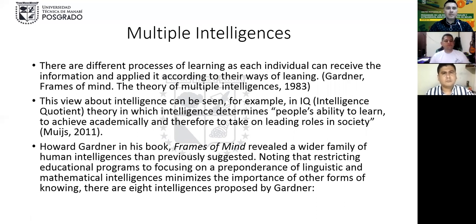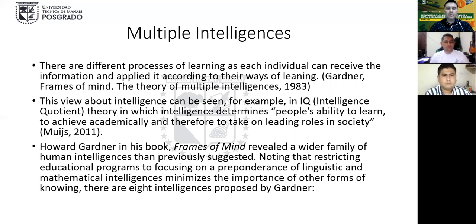In multiple intelligence there are different procedures of learning, as each individual can receive the information and apply it according to their way of learning. Frames of Mind, the theory of multiple intelligence, according to Gardner, in 1983. This view about intelligences can be seen, for example, in IQ theory, in which intelligence determines people's ability to learn, to achieve academically, and therefore to take on leading roles in society.